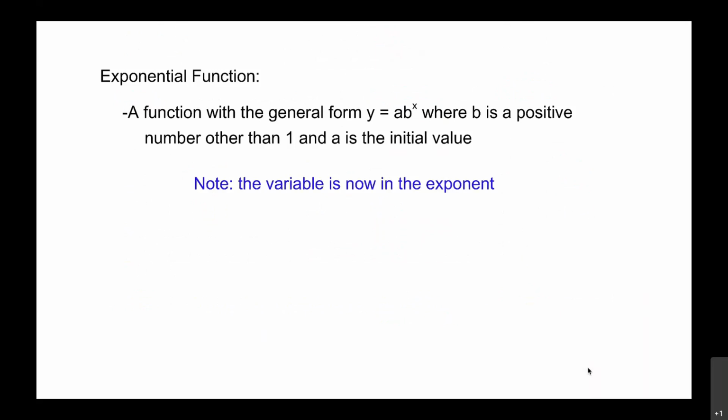If you take a look, I'm going to highlight a few things here. There's our general equation of an exponential function: y equals a times b raised to the x power, where b is a positive number other than 1.